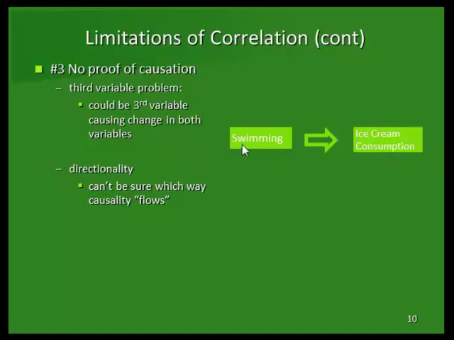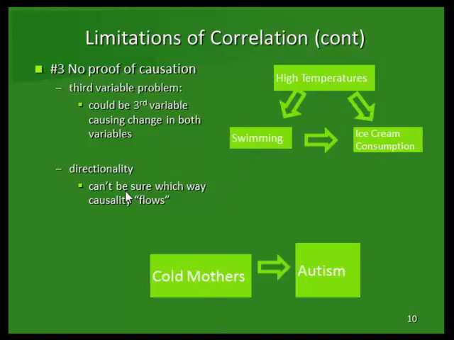So if you assume swimming causes ice cream consumption, you're getting suckered because there's this third variable, higher temperatures, that's explaining both of them, that's making both of these happen. And then consequently, it might look like one's causing the other, but there's this third variable that's in charge. High temperatures causes both.